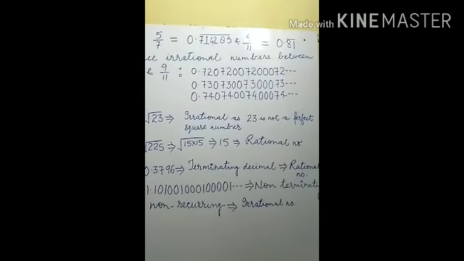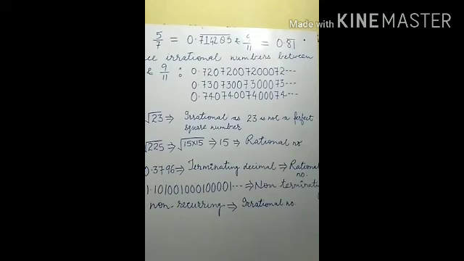Now consider the last part of this question. This is 1.110100100010000 and so on, 1 followed by two 0s, 1 followed by three 0s, 1 followed by four 0s, 1 dot dot dot. This dot dot dot indicates it is non-terminating. The increasing number of zeros indicates the repetition is broken here.